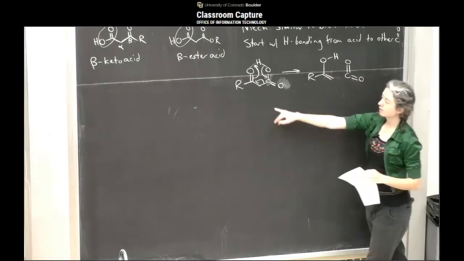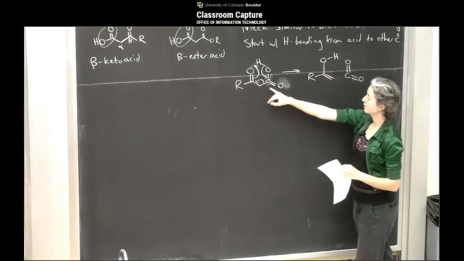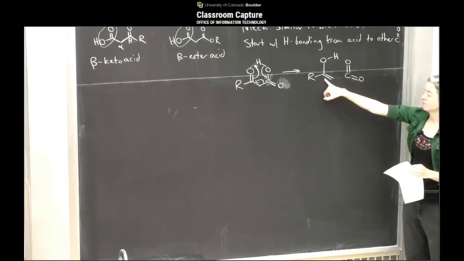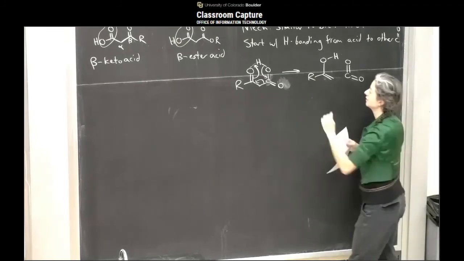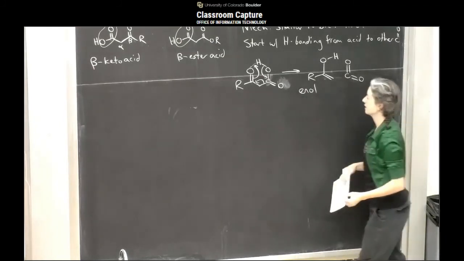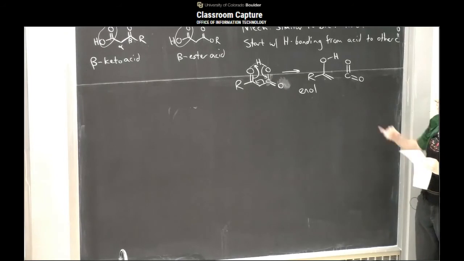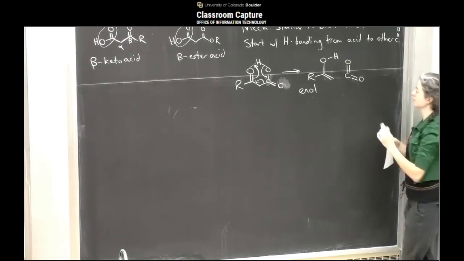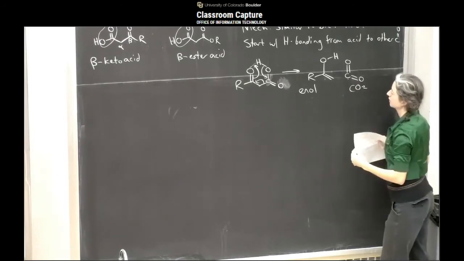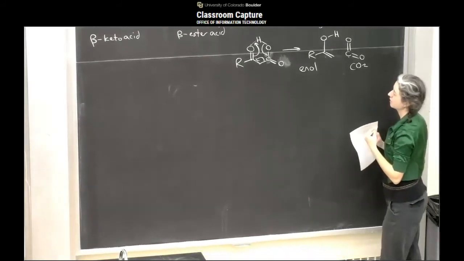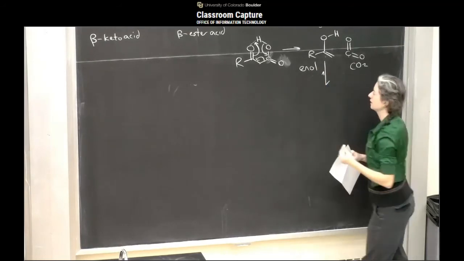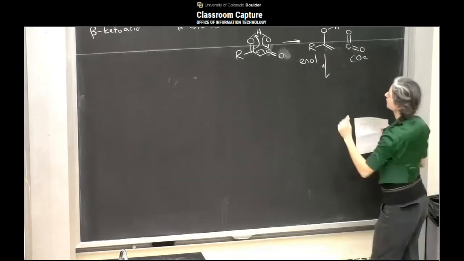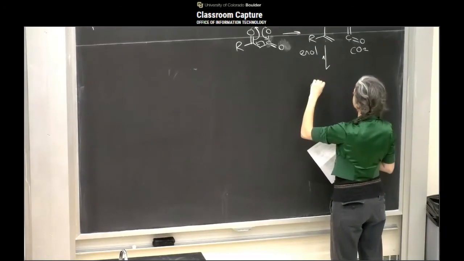It went from having a beta keto acid to, what functional group is this? Yeah, that's an enol. So we're going to be seeing some more stuff that it's about to do. And then we've also just spat out a molecule of CO2. Okay, so we know the enol means that it's going to tautomerize to the keto form, or the aldehyde potentially, depending on, oh no, it's got to be a ketone.